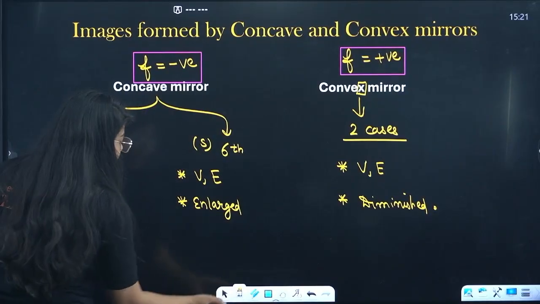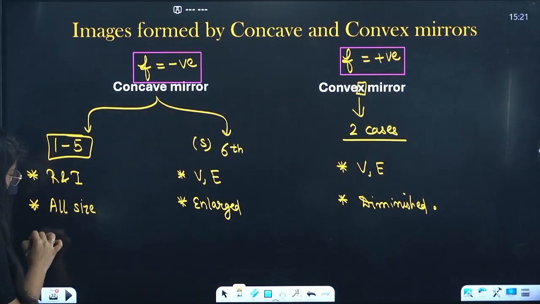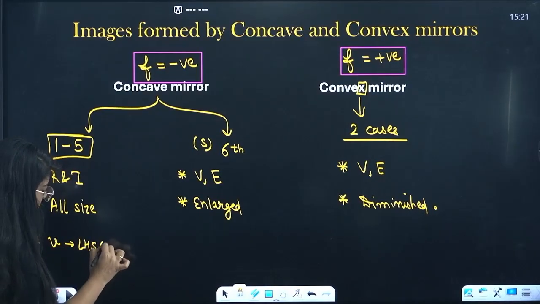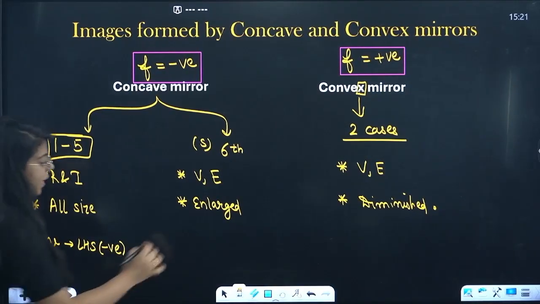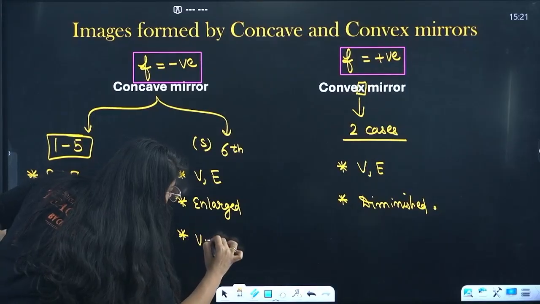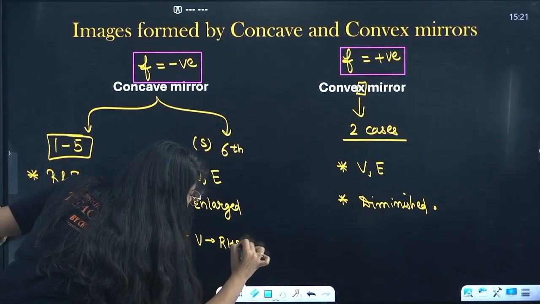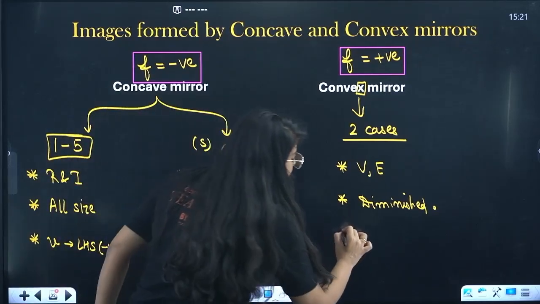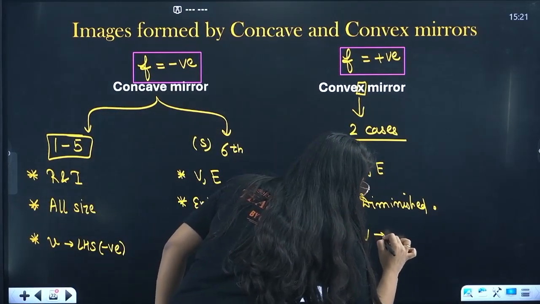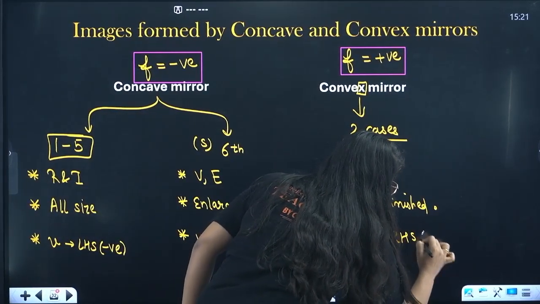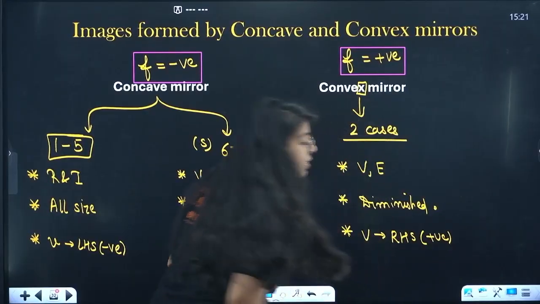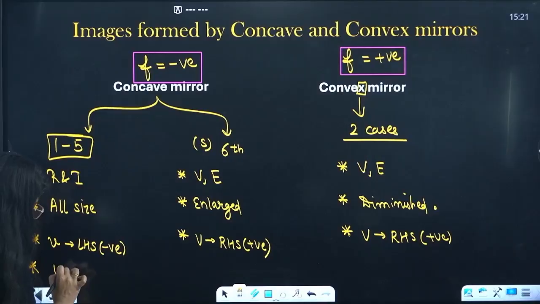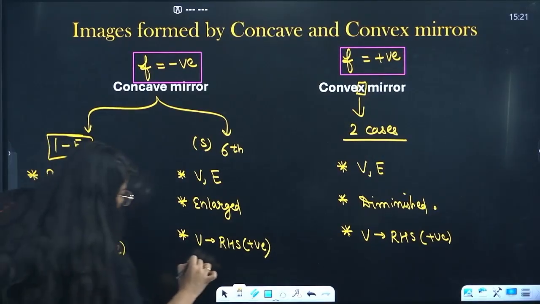Right? Now in these 5 cases, my V, the image was formed on left hand side, so it will have negative distance. Here the image was formed on right hand side, so it will have positive sign. In this case the virtual and direct image was again on right hand side, so it will have positive sign with the distance. U beta, U object distance is always negative.